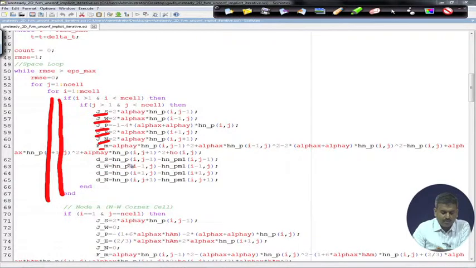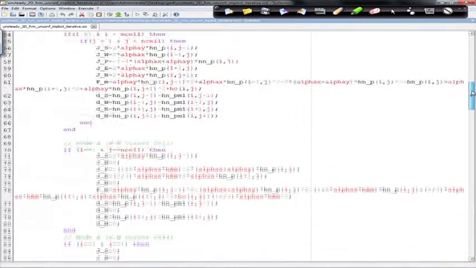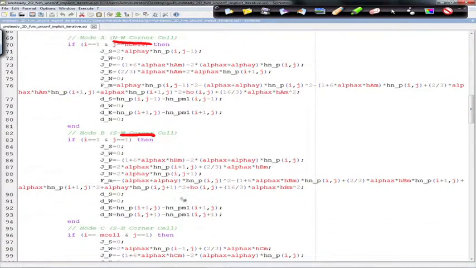Now, we need to calculate DS, which is the difference between HP and HP minus 1 level, for DS, DW, DE, DN. We should also calculate the northwest, southwest and southeast corners. Depending on that, the JS, JW, JP, JE, JN values will be there.